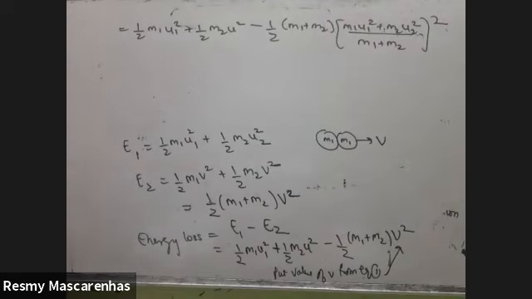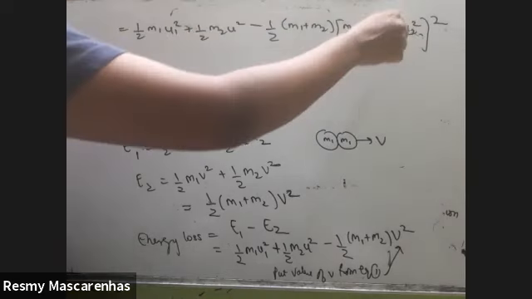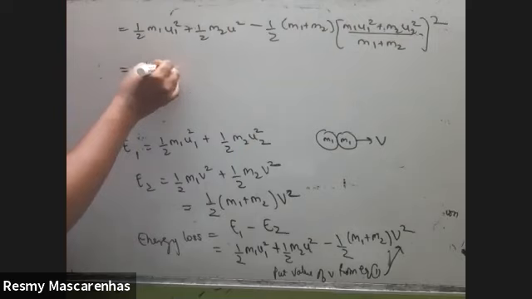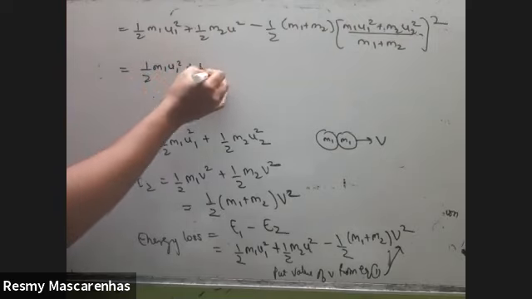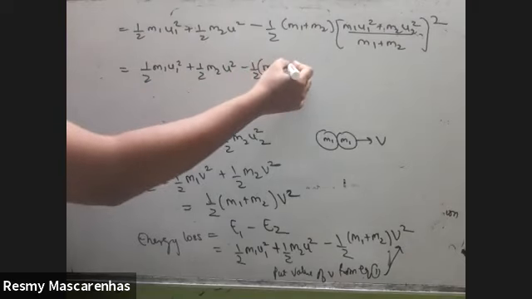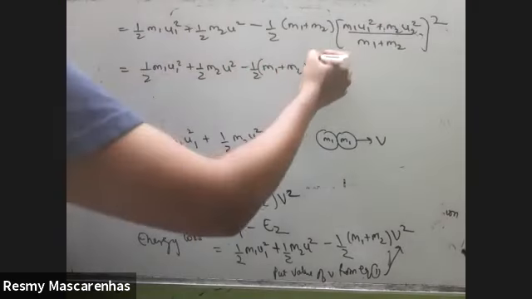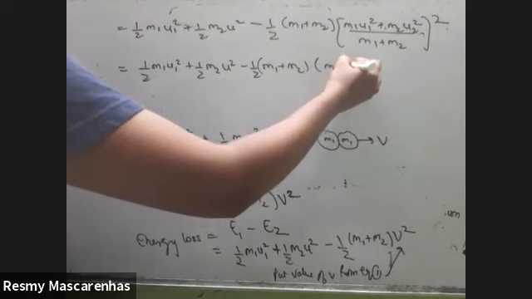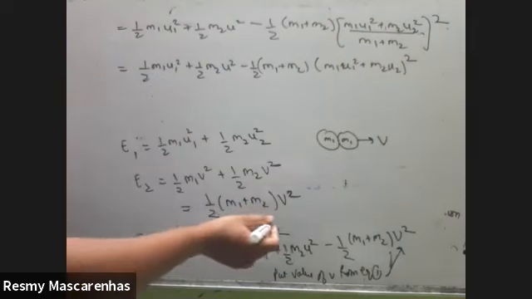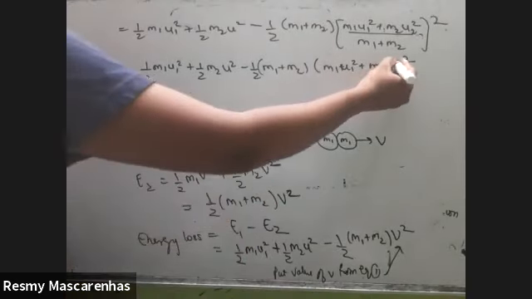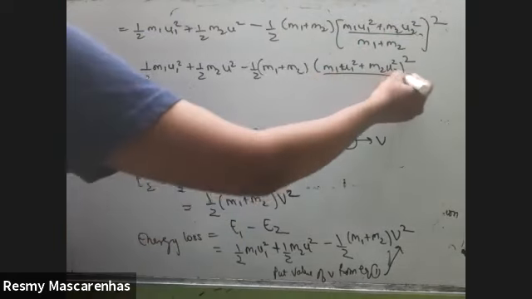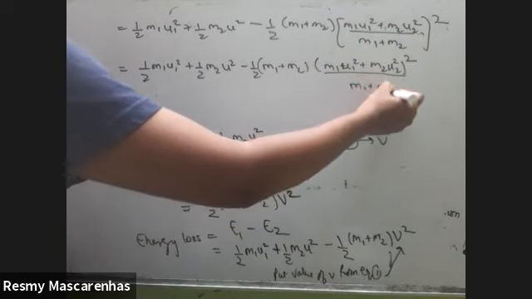Now this square will belong to both the terms, numerator as well as denominator. So separate it out. This square goes to the numerator also, like a plus b the whole square. I'm giving it to the denominator also.